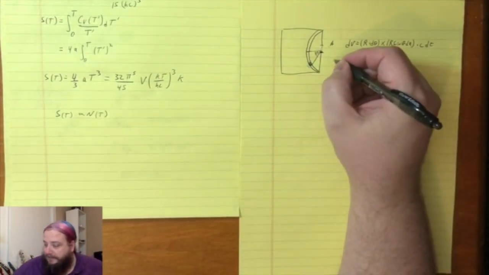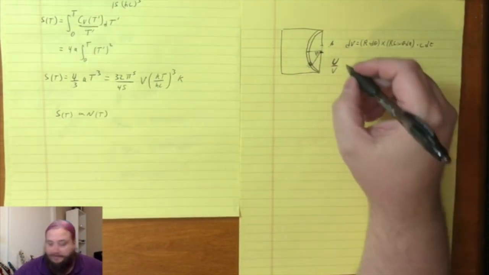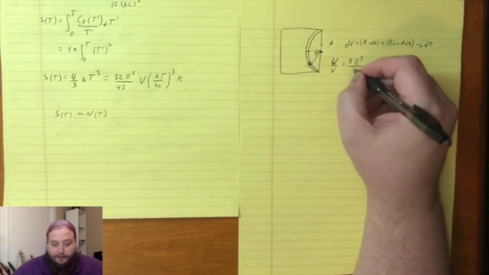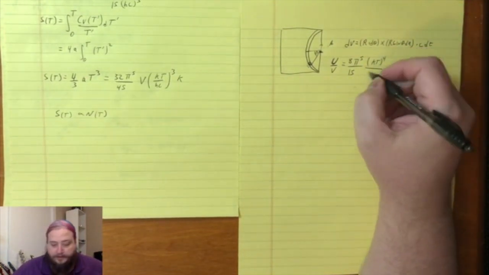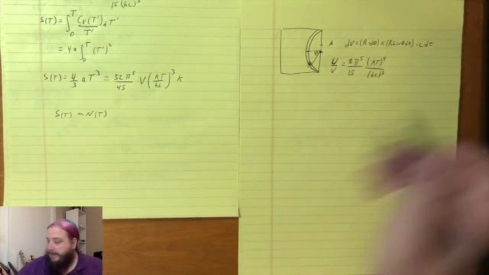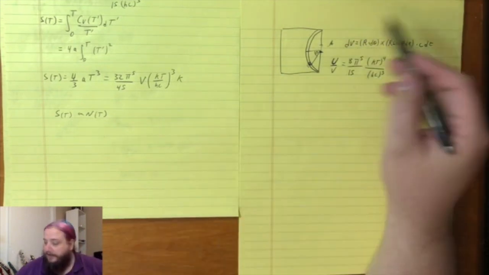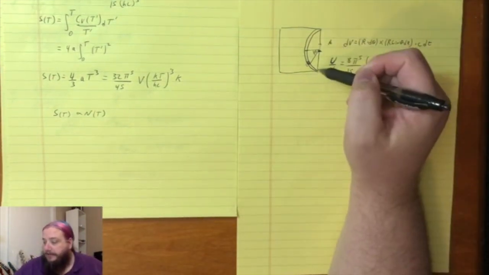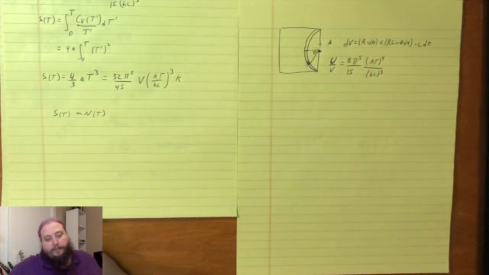We know that the energy density, U over V, in our box in the electromagnetic field is 8 pi to the 5th over 15 times kT to the 4th over hc cubed. And therefore, the volume times the energy density would tell us how much energy is in that spherical shell, which is all going to go streaming out the window.